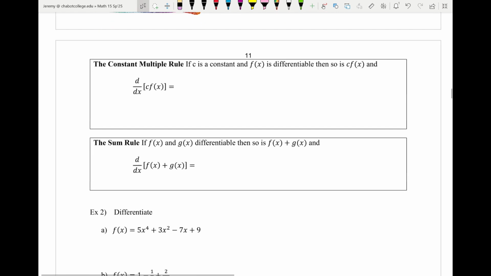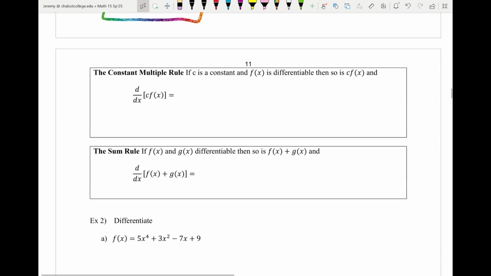So let's move on, talk about a couple more of these elementary rules of differentiation. The next one is the constant multiple rule. If c is any constant, meaning, for our purposes, any real number, and f of x is a differentiable function, then so is c times f of x.